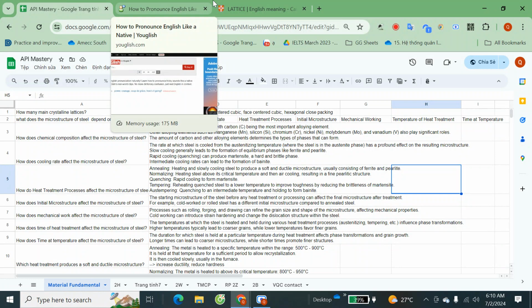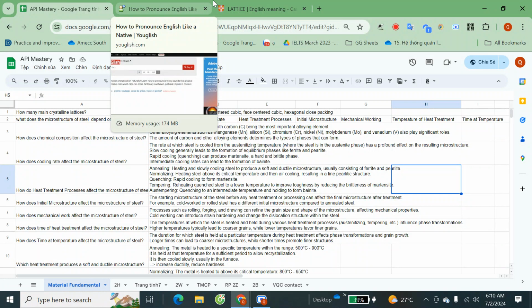Processes such as rolling, forging, and drawing can refine the grain size and shape of the microstructure, affecting mechanical properties. Cold working can introduce strain hardening and change the dislocation structure within the steel.